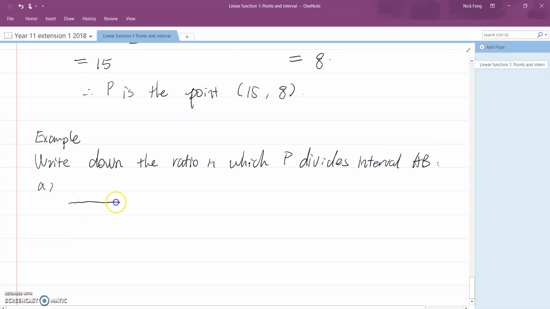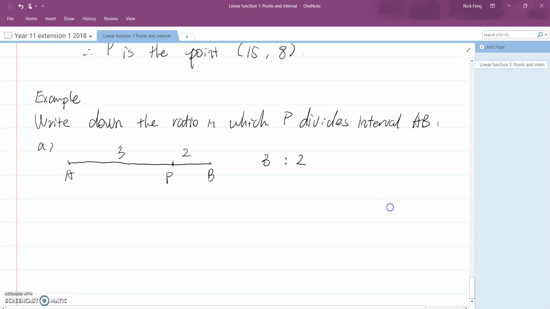So for example, if I have something like this, A and B, say P in here, that's 3 and 2. And obviously, the ratio in this case is just 3 to 2. Very simple, because P divides AB into 3 to 2. Okay, and again, that is AP to BP.